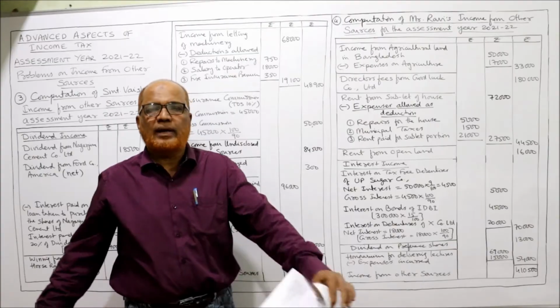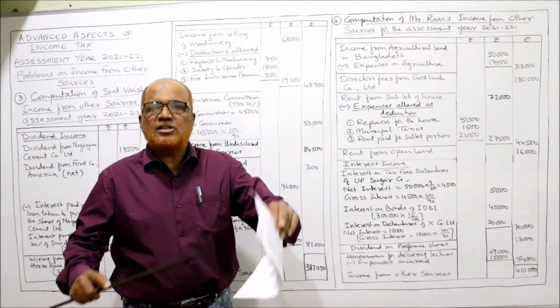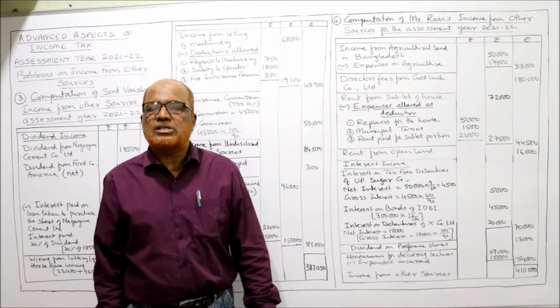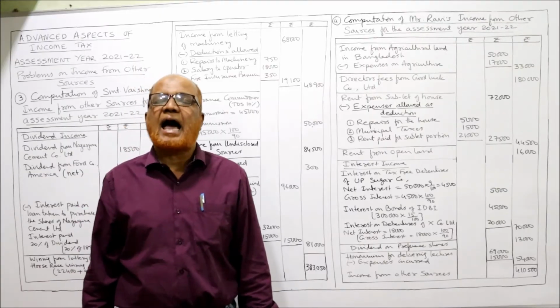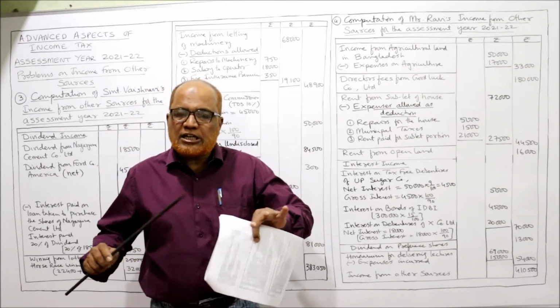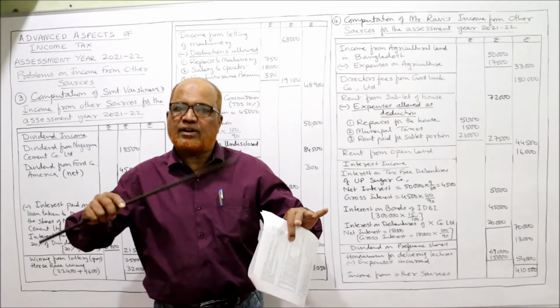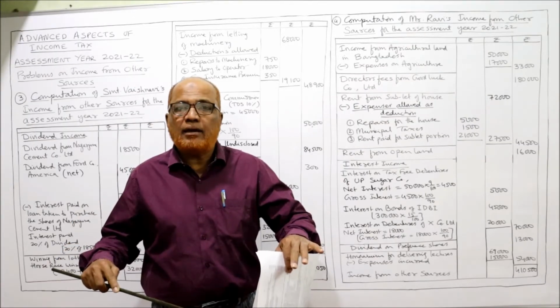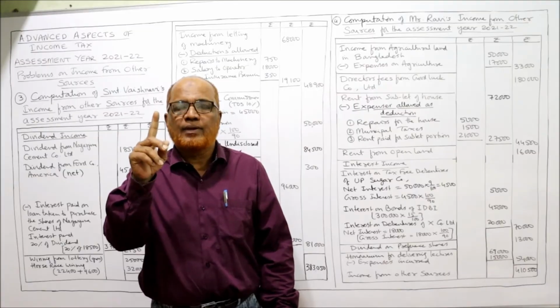Expenses on agriculture 20,000. After completing this topic of income from other sources, I am going to take up the next topic, agricultural income, and give a detailed explanation after completing this. But for the time being, remember one point.